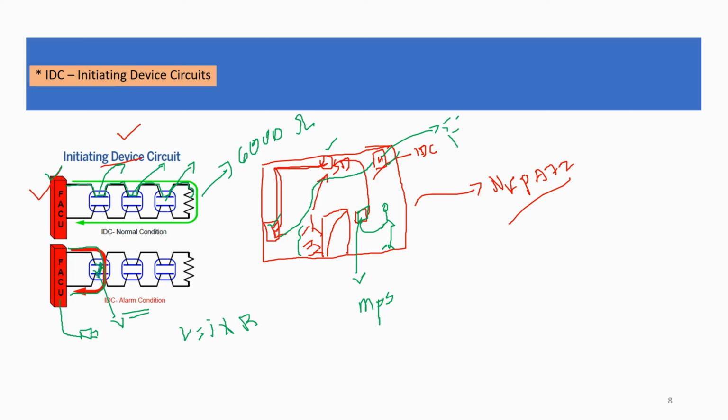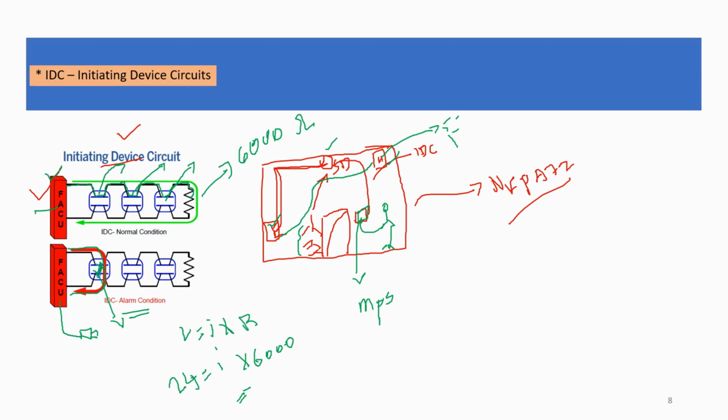Apologies, my handwriting is not that good. Here we have 6000 as the resistance in ohms, and we have 24 VDC voltage. Basically this will be 24 VDC, and we need to calculate the I in normal condition.